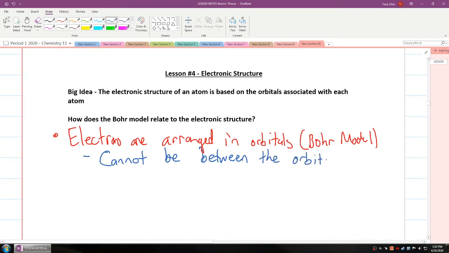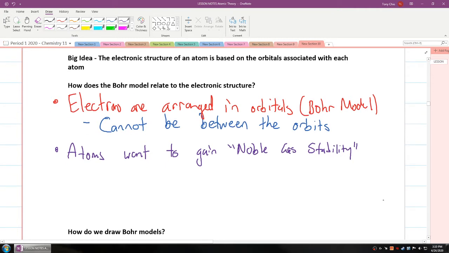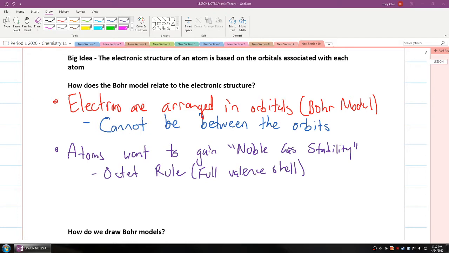Now, also with Bohr models, we know that atoms want to gain what we call noble gas stability. What you might know this as is the octet rule, which you might remember means the full valence shell, where the outermost shell is called the valence shell and the outermost electrons are called the valence electrons.